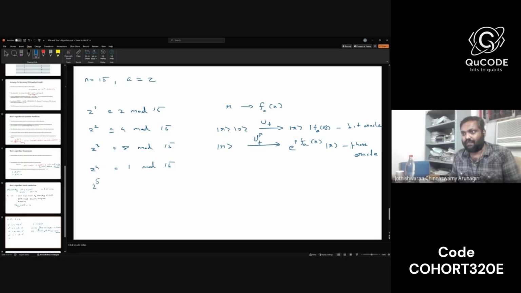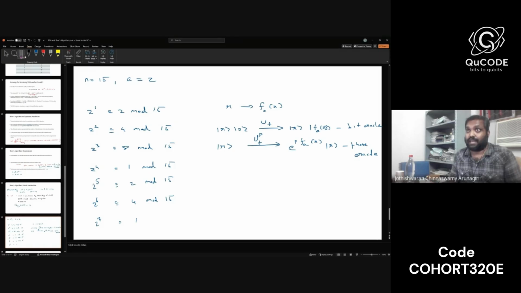So 2 to the power 5 will be 32, which is 30 plus 2, so that is 2 mod 15. 2 to the power 6, 64, which is again 4 mod 15, 60 plus 4, and 2 to the power 7 is 128, which is 120 plus 8.